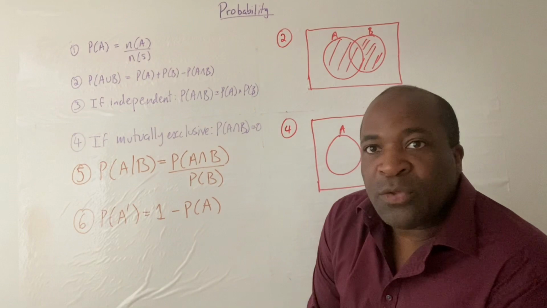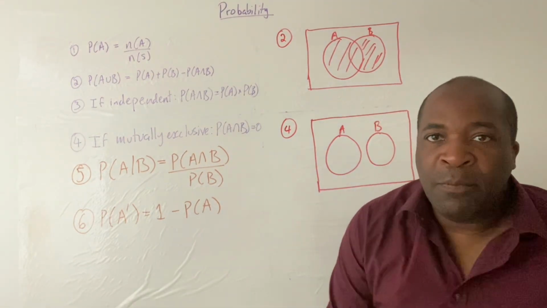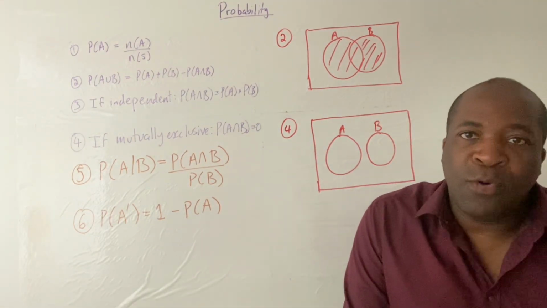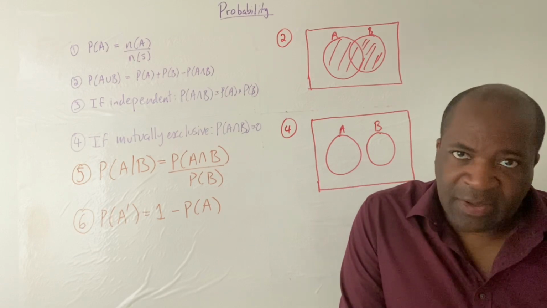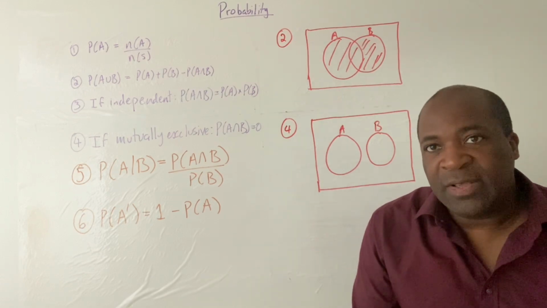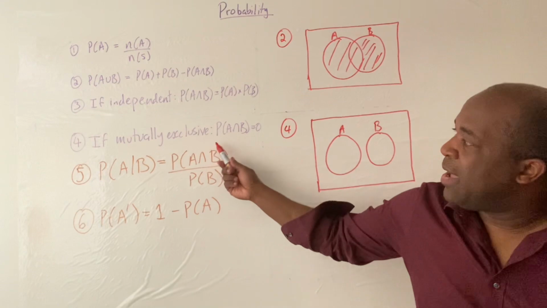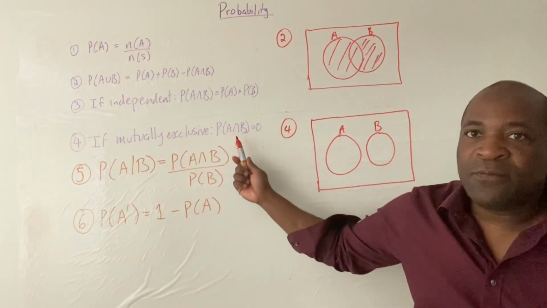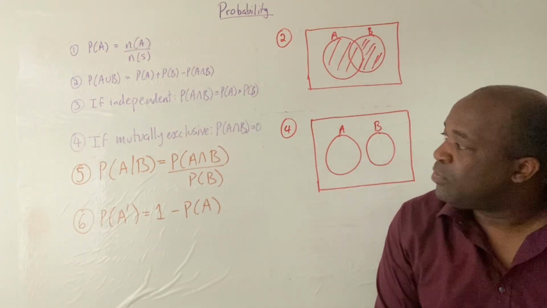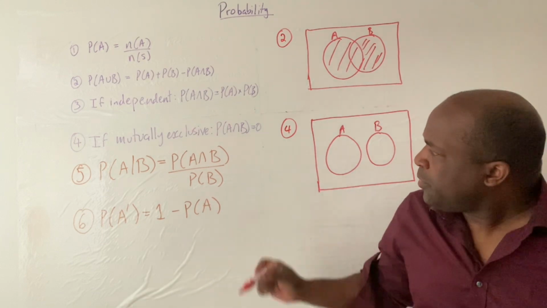If the events do not overlap, they are mutually exclusive, and another word for them is disjoint events. The condition for that is that the probability of A intersect B is equal to 0.